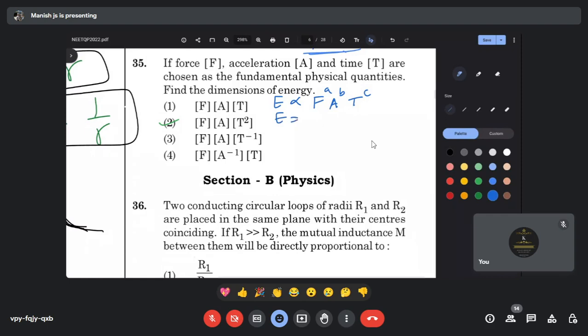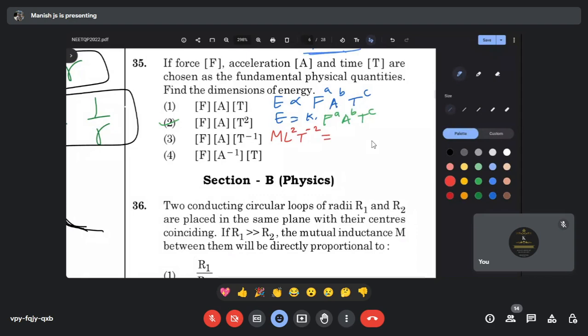So E is equal to some k times F to the power a, A to the power b, T to the power c. What is the dimensional formula of energy in terms of MLT? If you substitute, you would get M L square T to the power of minus 2, isn't it?